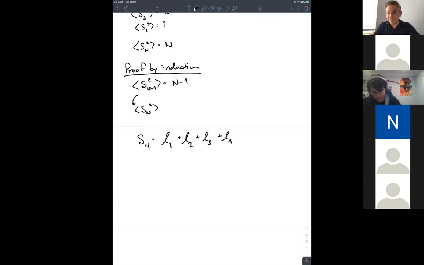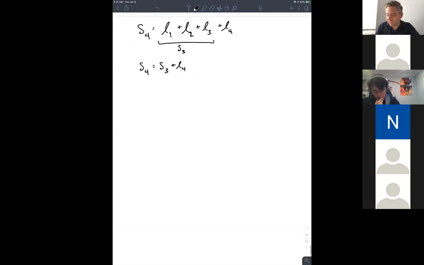But look at this. Let's say I just group these first three together. That is S sub 3, right? So in other words, S sub 4 is equal to whatever I got for S sub 3 plus another step. And you can always do this.